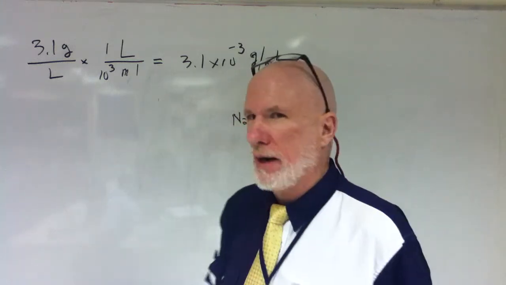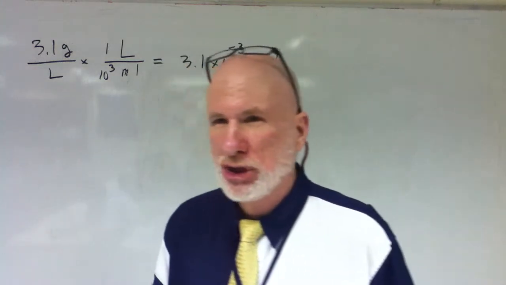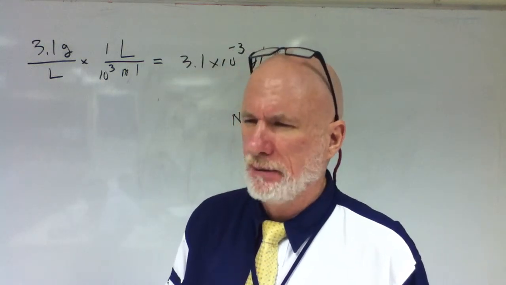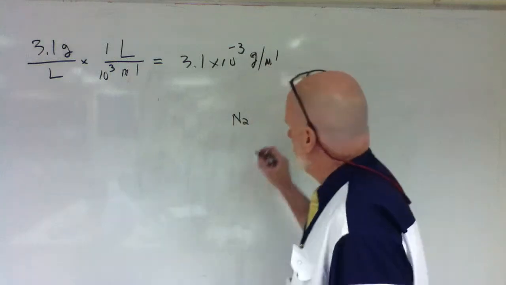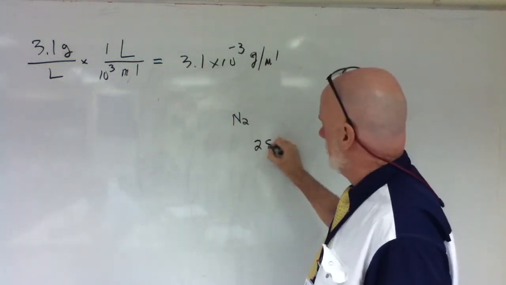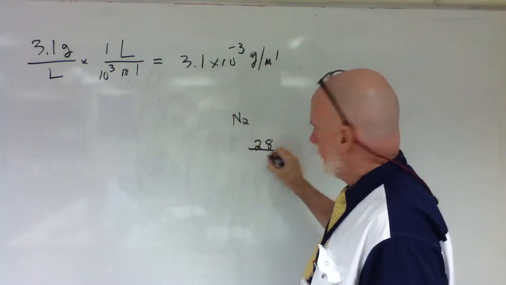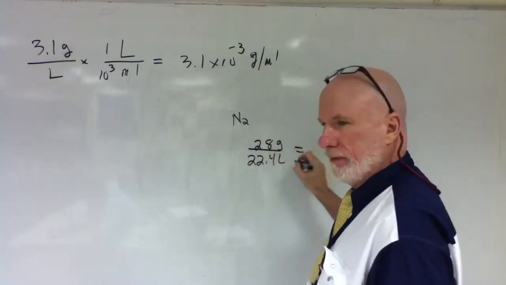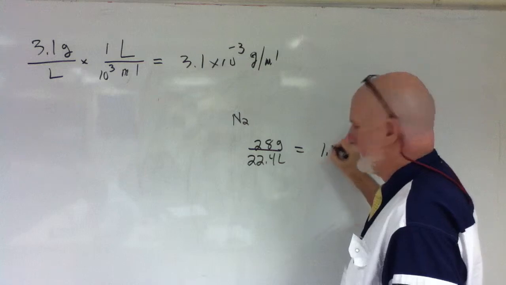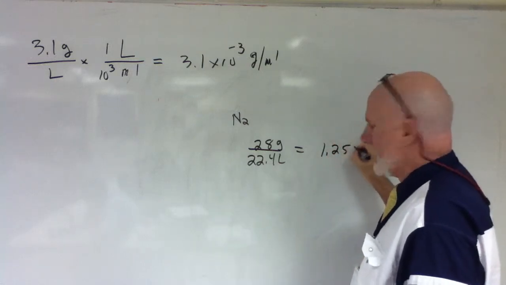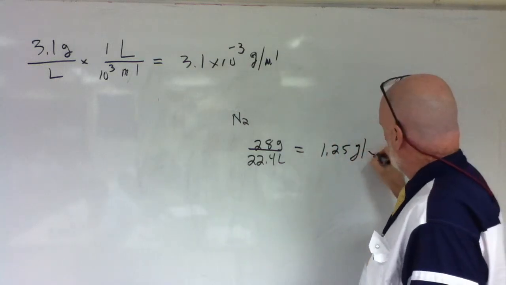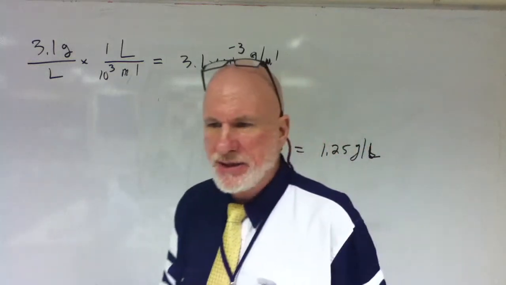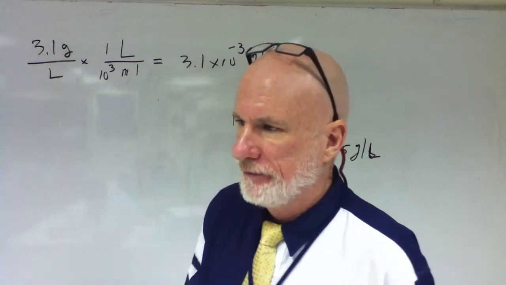Let's just do grams per liter. So it would be 28 per 22.4 liters. Is that right? 1.25 grams per liter, right? What's the density of carbon dioxide?